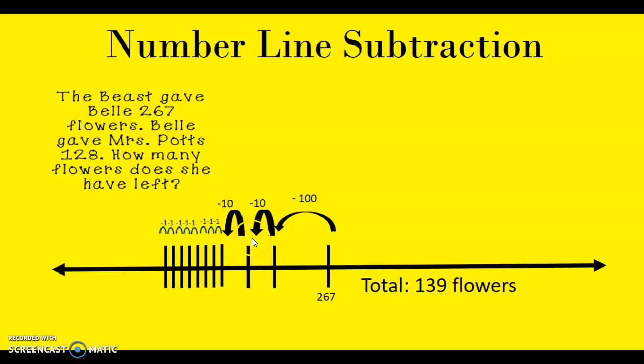And then we're going to do 10 hops for our tens and then take away our units, which would be 8. So we land on 139.